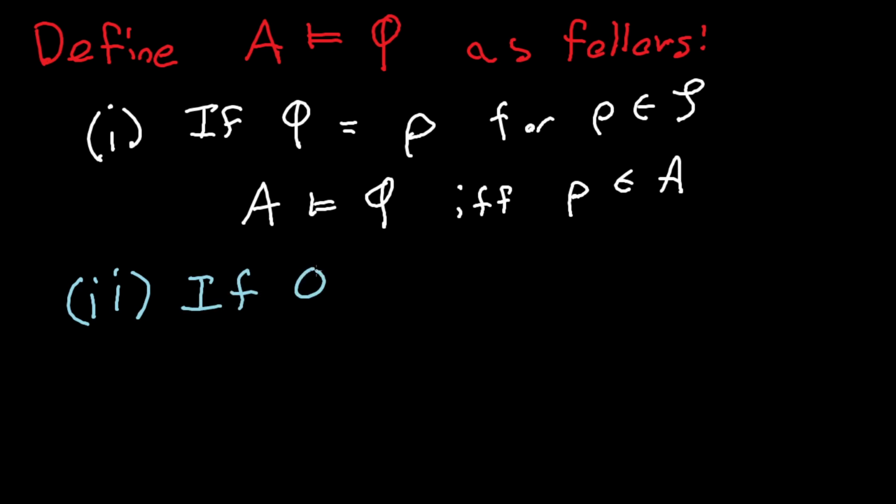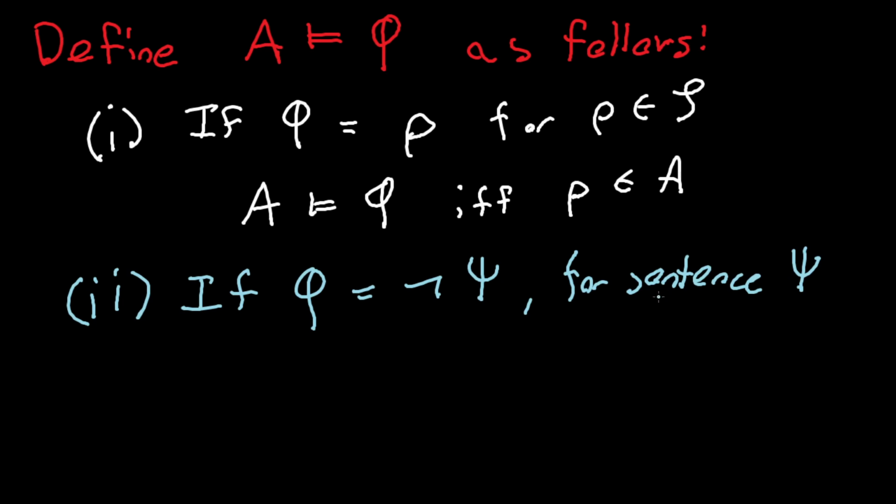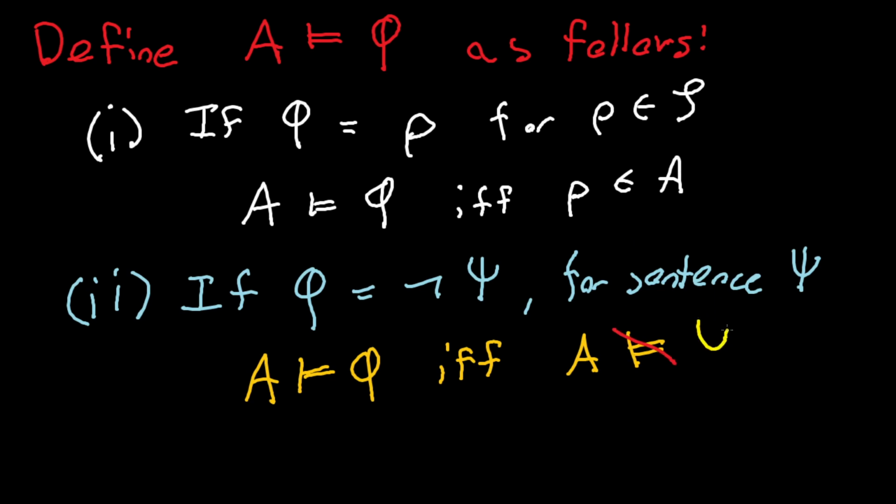If phi is not psi, for a sentence psi, then A models phi if and only if A does not model psi.